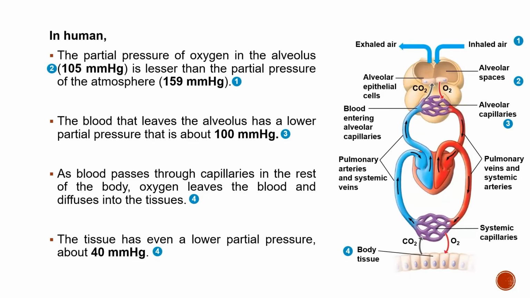So in humans, this is an example. The partial pressure of oxygen in the alveolus is about 105 millimeter mercury, indicated by the number 2 here. In the alveolar space, we have 105 millimeter mercury, which is lower compared to the atmosphere, which is 159, indicated by number 1 here.